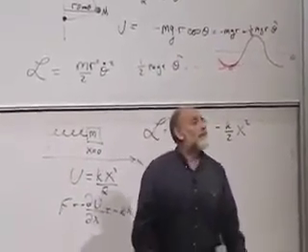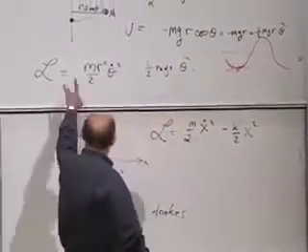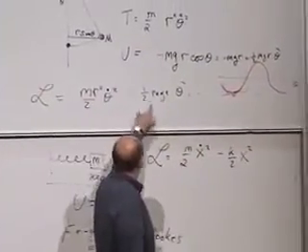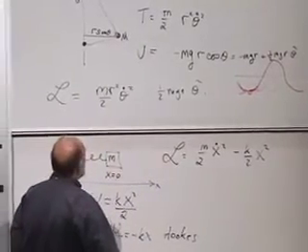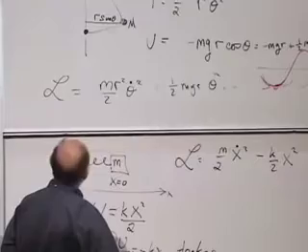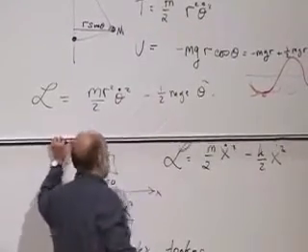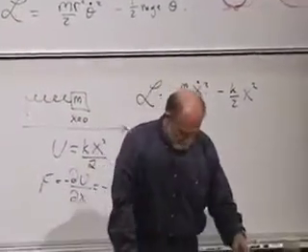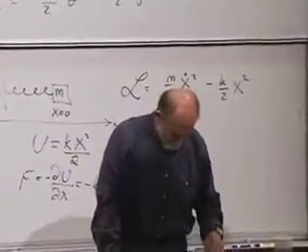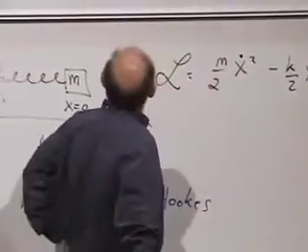All right, in that equation, shouldn't that sign be minus? I've lost track of it. Let's see. Because it's minus u, right? You are right. I think you're right. No, you were right the first time.